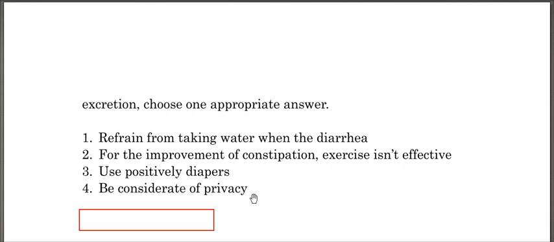The correct answer tip is here: be considerate. Bad, wrong answer tips: refrain from, isn't effective, isn't, diapers. Right? Let's see.